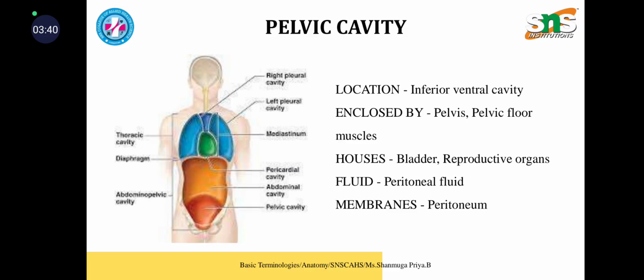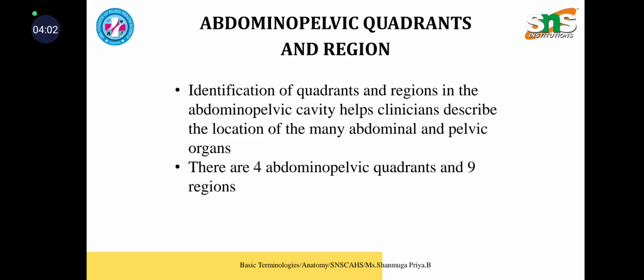Next we have the pelvic cavity. So the pelvic cavity location is the ventral cavity. It is enclosed by the pelvis and pelvic floor muscles and it houses the bladder and reproductive organs. Peritoneal fluid is present in the pelvic cavity. It is covered by peritoneum.